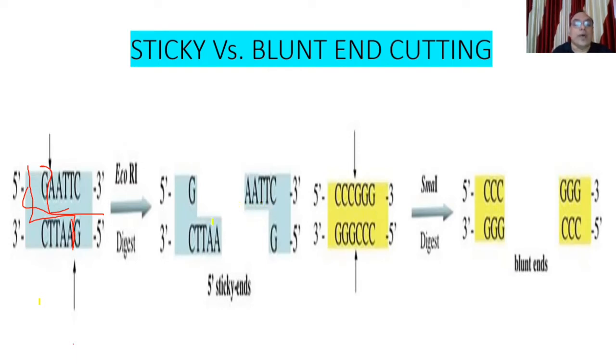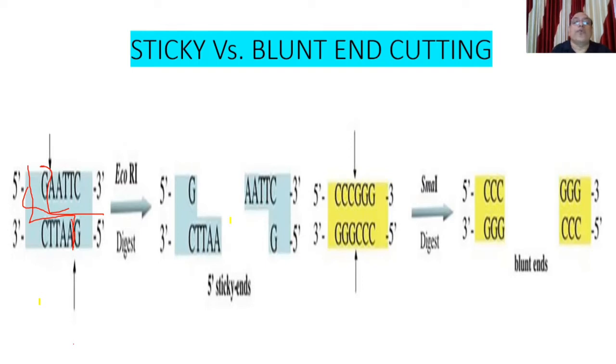It is also called overhang cutting because you see a certain pair of nucleotides hanging over without pairing with the nucleotides of the other strand. This type of cutting, that is the sticky end cutting, is very important because it will automatically lead to hydrogen bond formation when a complementary end meets.